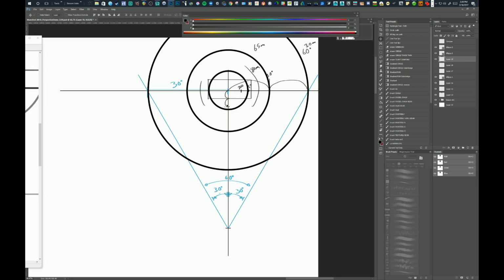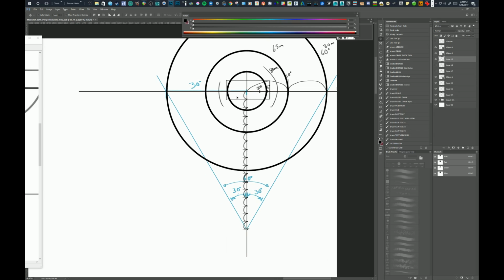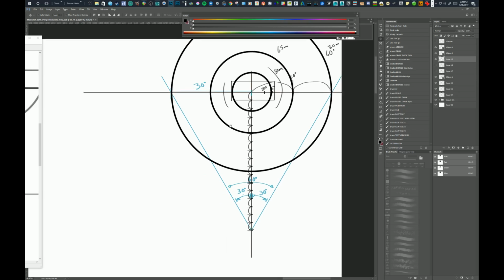1, 2, 3, 4, 5, 6, 7, 8, 9, 10, 11, 12, 13, 14, 15, 16, almost 17. So it's 1/17 from the center of vision to the bottom of that canvas right there. So 1/17.